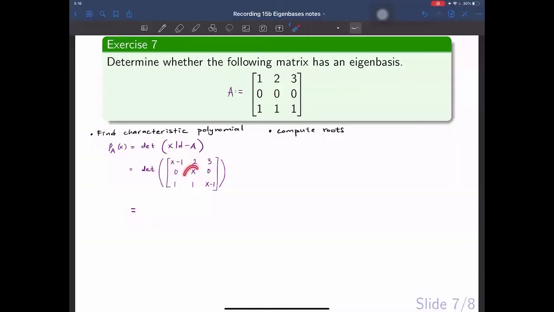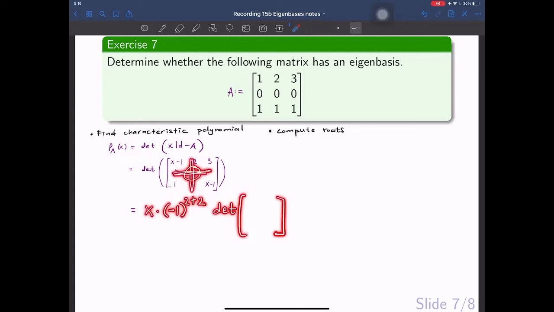So I take this value x, and then I have to compute the sign. So I have -1 to the power of 2 plus 2, because x is in position 2, 2. And then I compute the determinant of the smaller matrix, which I get by erasing the entries in the same row and column of x.